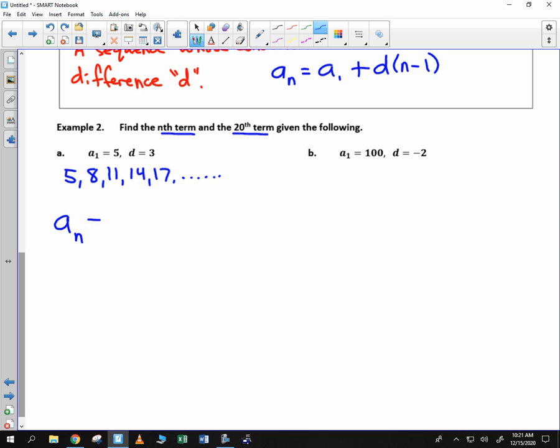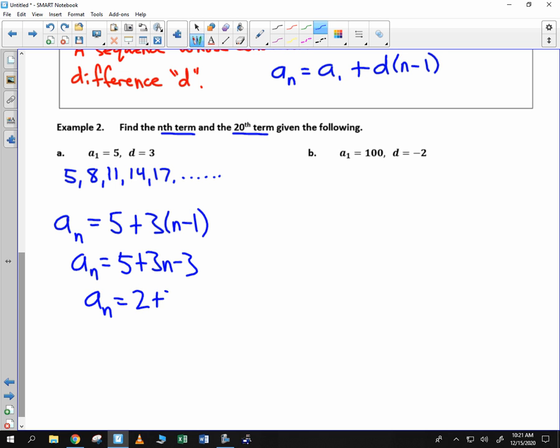A sub n is equal to the first term plus the difference times n minus 1. So the a sub nth term is 5 plus 3n minus 3, or a sub n is 2 plus 3n. Once we have the a sub nth term, it's easy to find the 20th term. A sub 20 is 2 plus 60, which is 62.